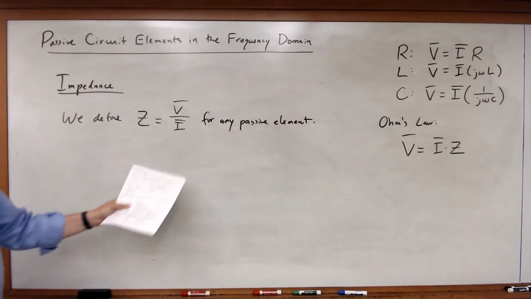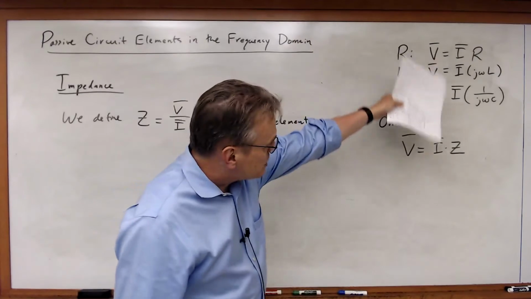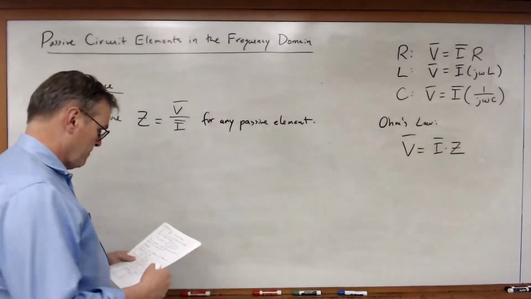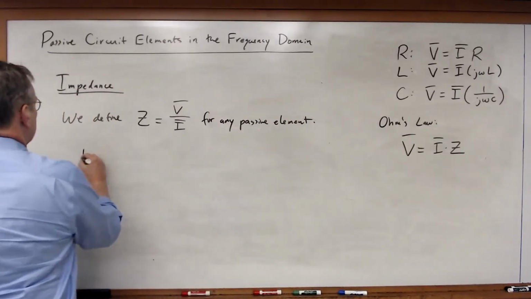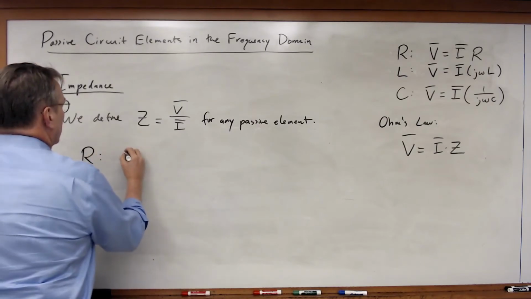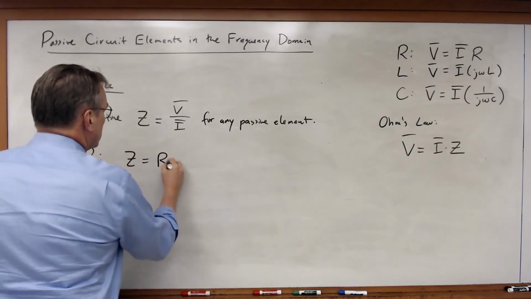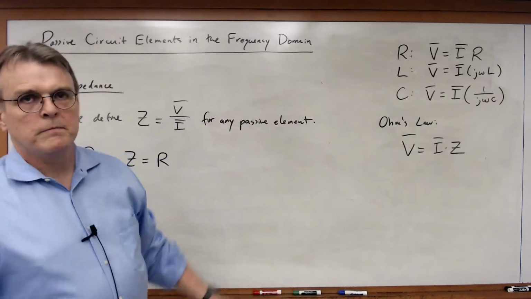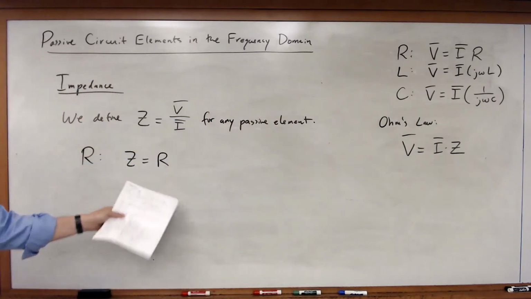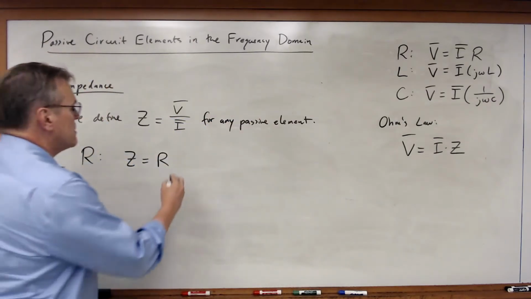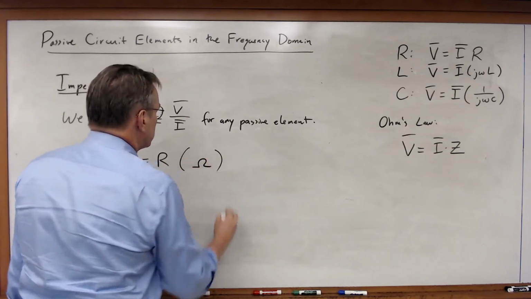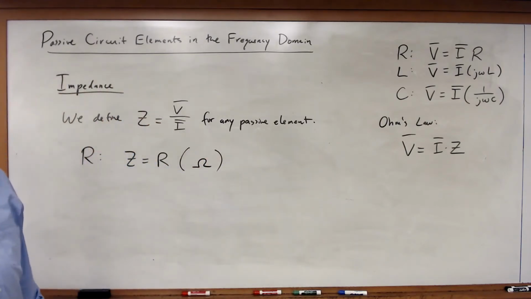And so from this, we can see that we can fit this definition in any one of those three elements. For a resistor, Z is clearly just equal to R. So the impedance is equal to the resistance, and we note that impedance has the same units as resistance, ohms.